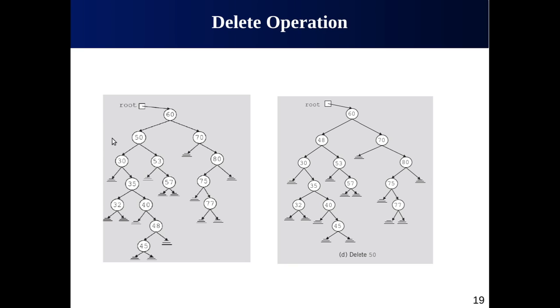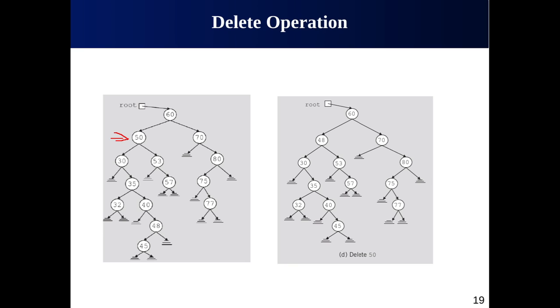For example, 50. If we want to delete 50, you can see that the node with information 50 has a non-empty left subtree and a non-empty right subtree present. In case number 4, we have to reduce this to either case number 2 or case number 3.